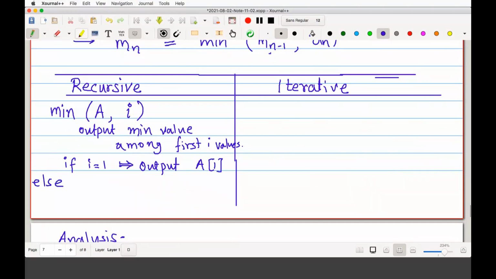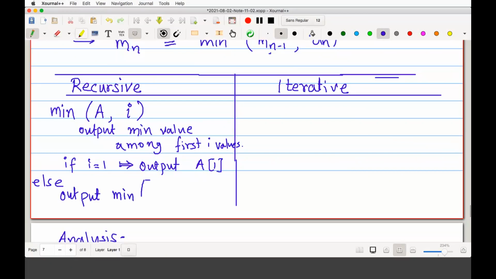And if i is not 1, then you could recursively call the same function for the first i minus 1 values. So you take the output as the minimum of two things.